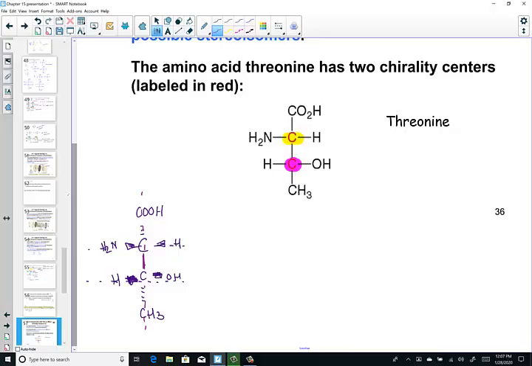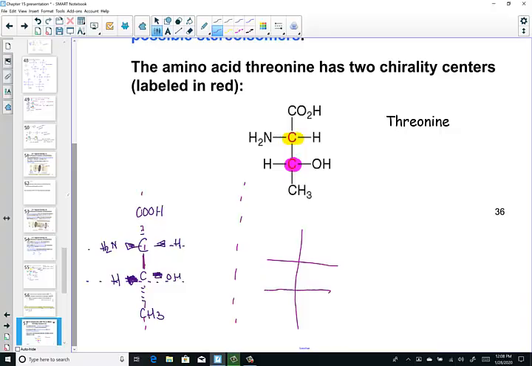Alrighty. So what is its mirror image? Imagine this. All we have to do is take what the original structure gave us and flip what's on the horizontal axes. We can even be simpler. Instead of dashes and wedges, why don't we just keep it with the Fischer cross, the Fischer projection. So I have 2 chiral centers. I can just show that like this.